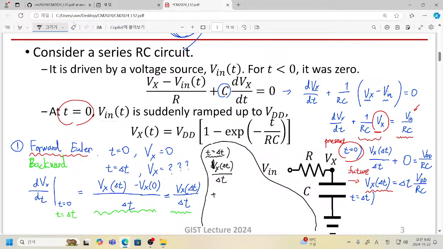Now it is delta t, and what we have to do is 1 over RC times Vx, and please write down what it is. Here we have to have delta t instead of time 0. So also of course we have VDD over RC. This is not changed at all because we have assumed just stepwise excitation. Okay, are you with me?